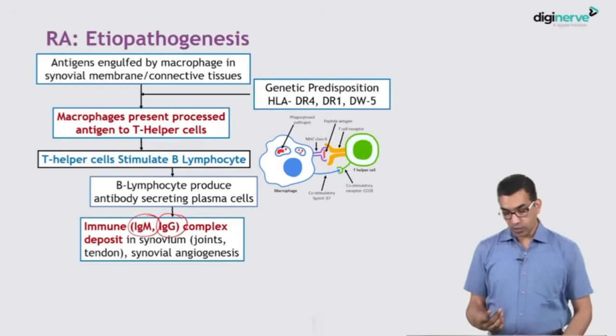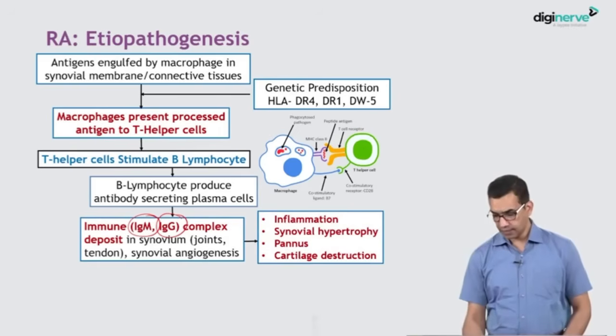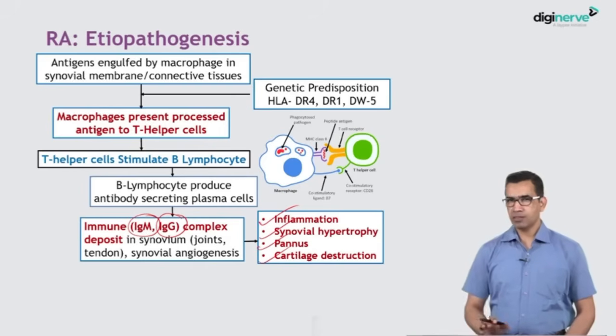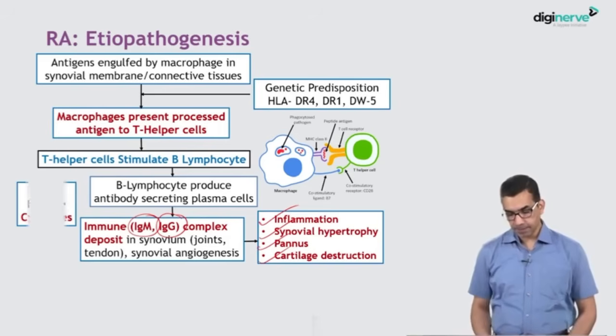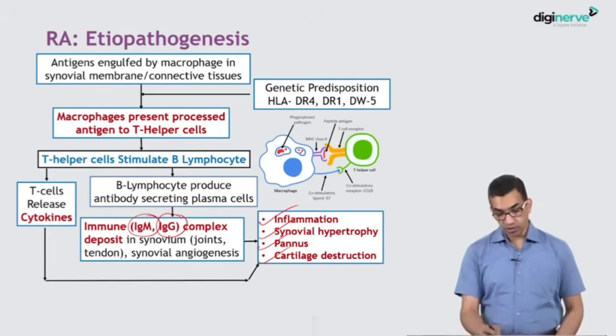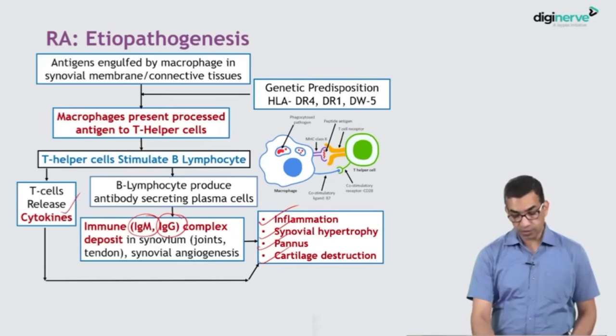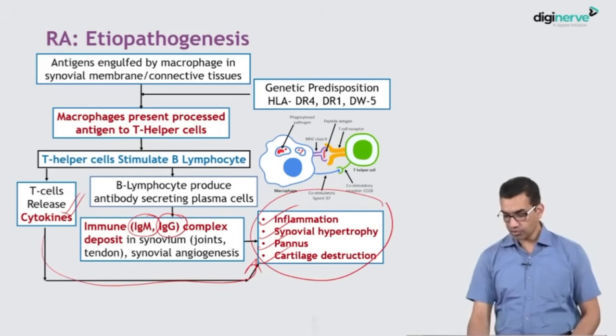It also causes synovial angiogenesis, and this finally results in immune mediated inflammation, synovial hypertrophy, pannus formation and cartilage destruction, something similar to what happened in septic arthritis. T helper cells also stimulate the B lymphocytes, and T cells also release cytokines which cause the inflammation and synovial hypertrophy.